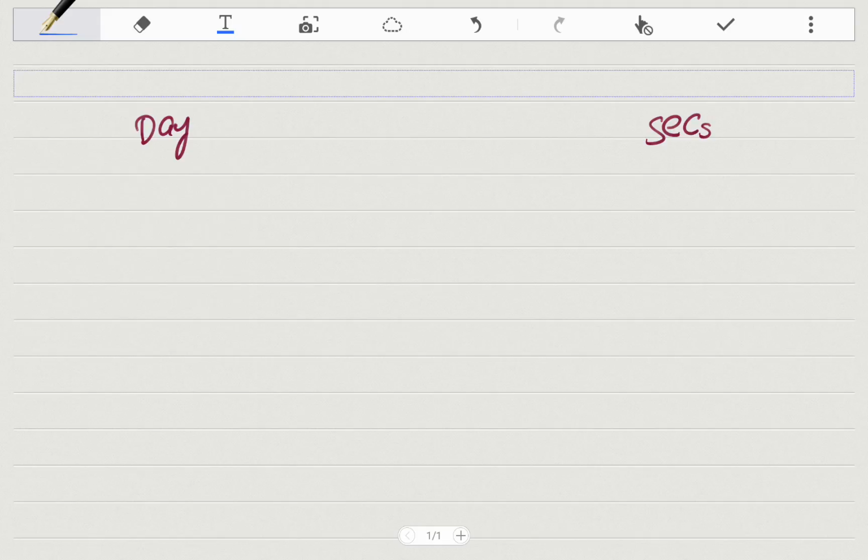What you realize is you have to go from day to seconds. You don't know exactly what the conversion rate is, but what you know is the relationship between hours and day, right? And you know the relationship between minutes and hour, and then you know the relationship between seconds and minute.